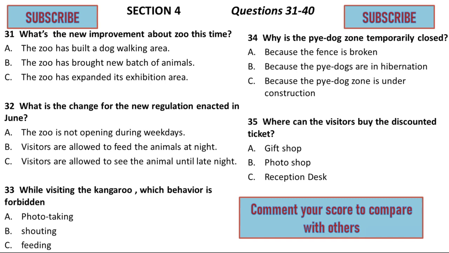Now turn to section 4. Section 4. You will hear part of a talk about an Australian wild zoo given by a tour guide. First, you have some time to look at questions 31 to 40.